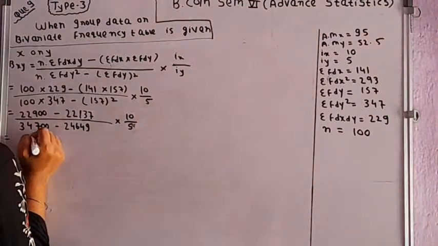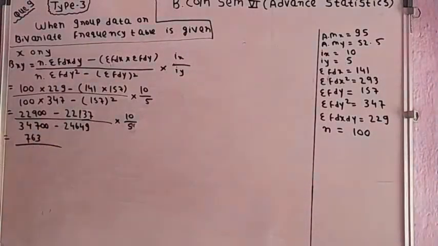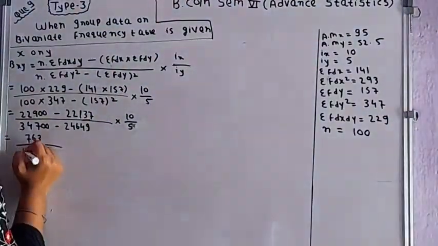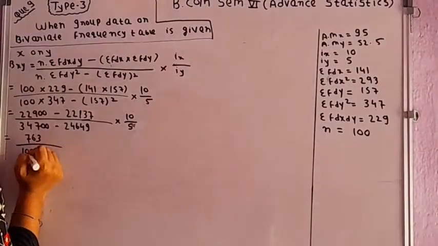Okay, 763 divided by 34,700 minus 24,649, so it comes to 10,051.